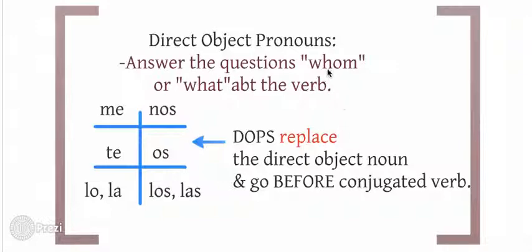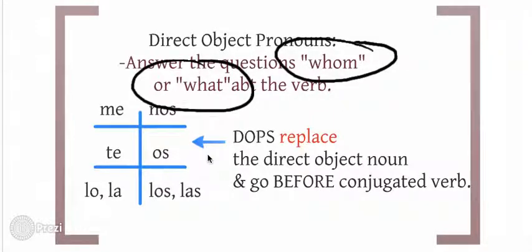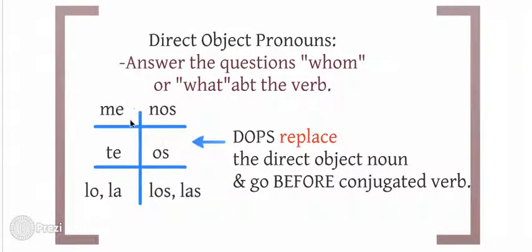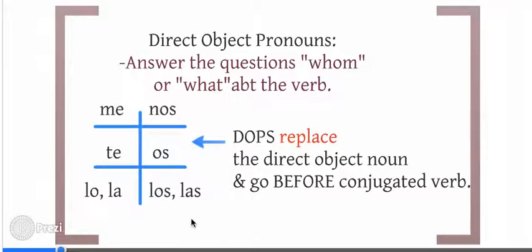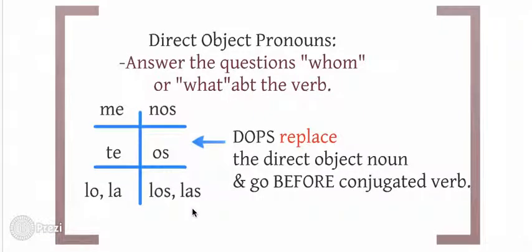They answer the questions whom or what about the verb. These questions are really important, especially in figuring out how to do double object pronouns. So, our direct object pronouns: me, te, lo, la, nos, os, los, las. Direct object pronouns replace the direct object noun, and they go before the conjugated verb.